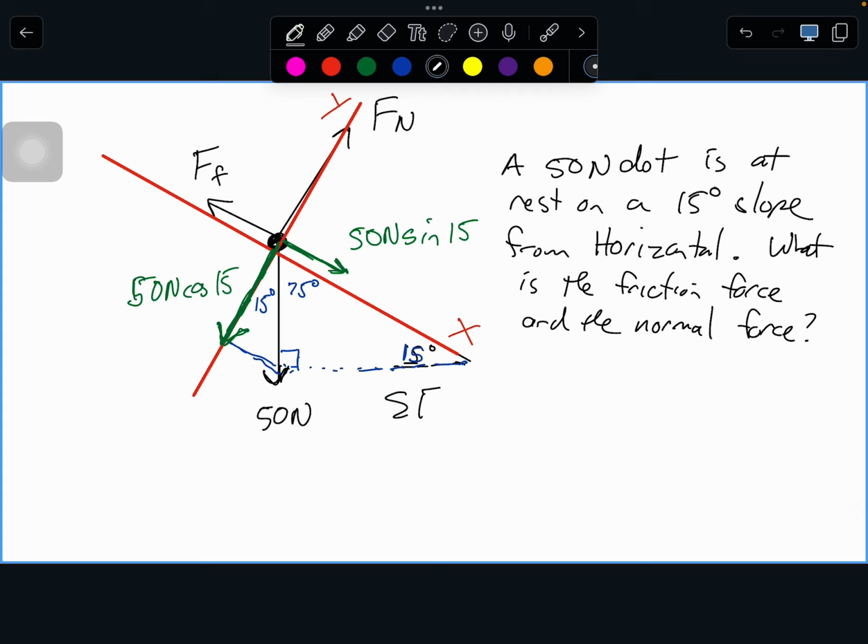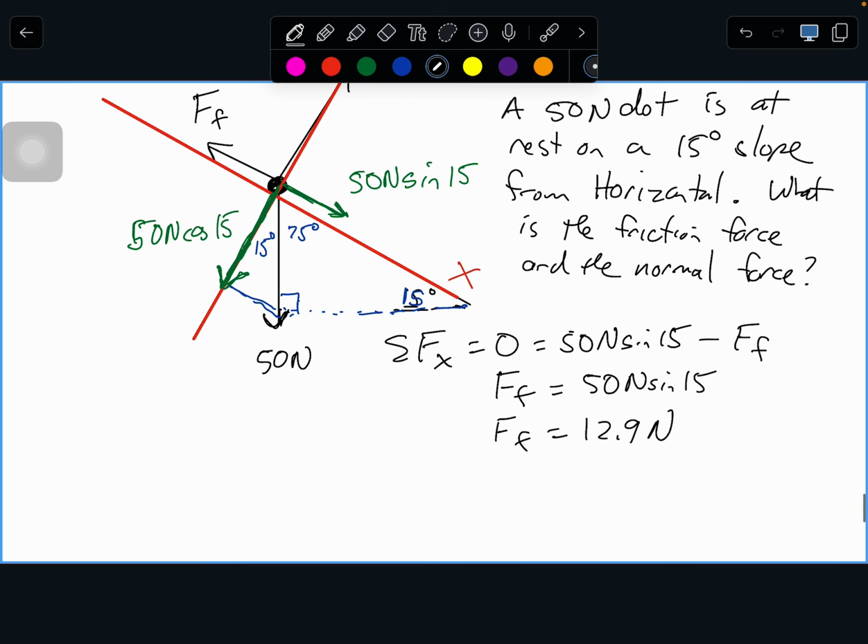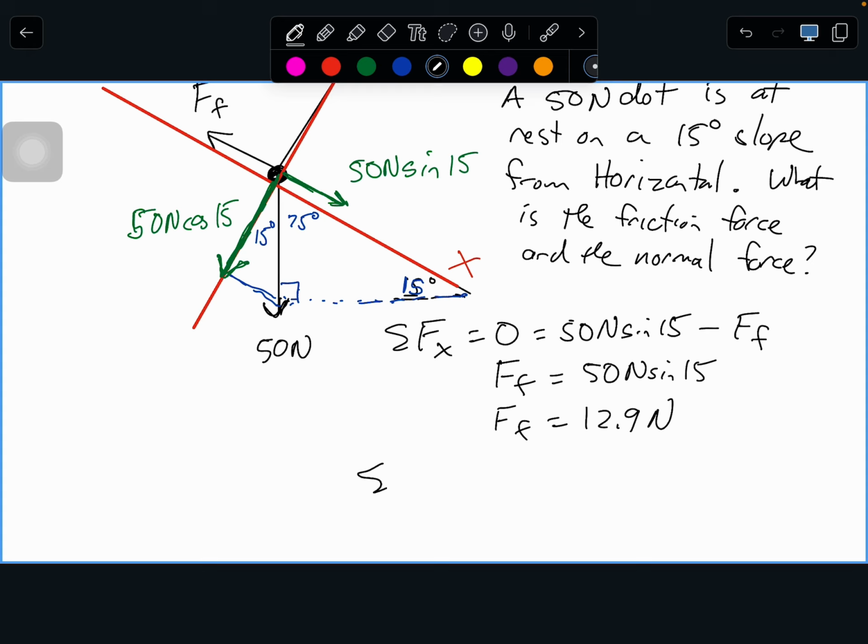Okay, so sum of forces in the x direction equals 0. And in the x direction, I'm going to have 50 newtons sine 15 minus the friction vector. So the force of friction is 50 newtons sine 15. And that means my force of friction is 12.9 newtons. And in the y direction, the sum of, it's a terrible sigma, whoops.